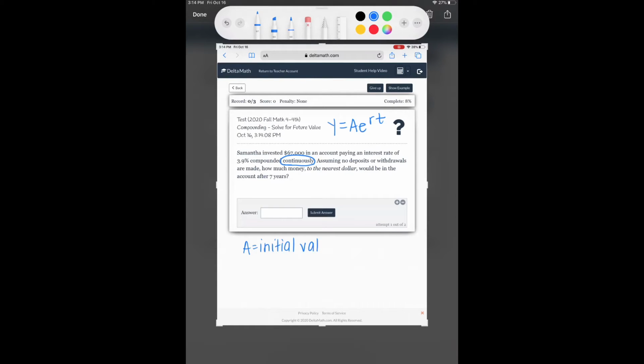So a is my initial value, and my initial value in this problem was the $67,000 that was invested. My r is my rate. My rate in this problem was 3.9%, but we can't plug in 3.9%. We have to take that percentage and divide it by 100, which gives me 0.039.